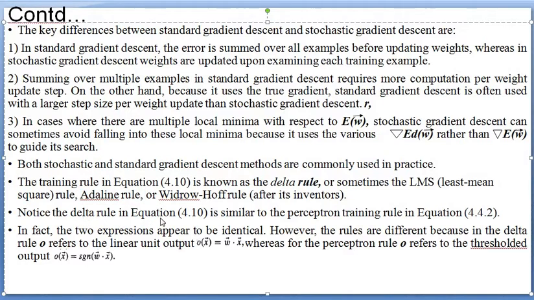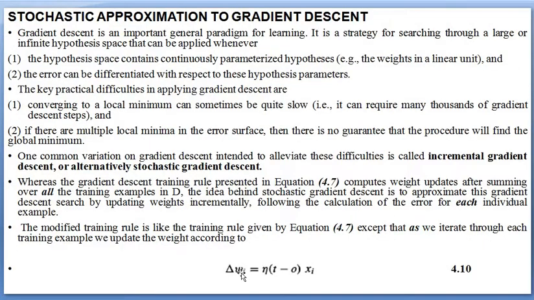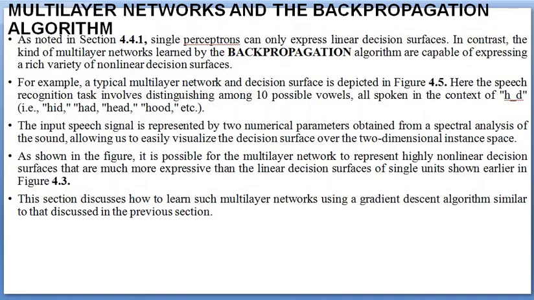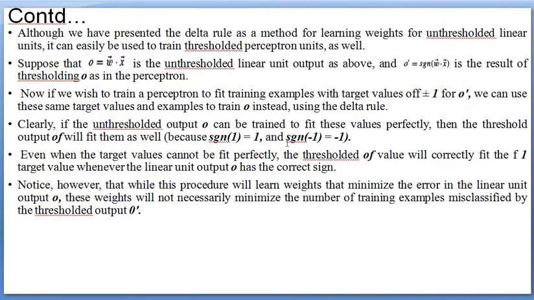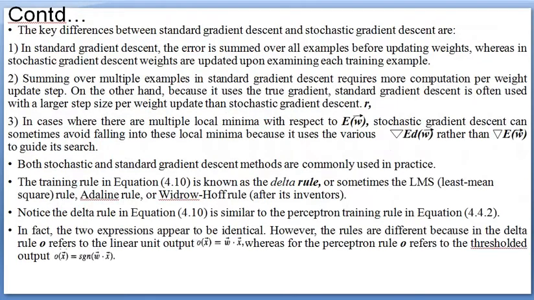Notice the delta rule in equation 4.10 is similar to the perceptron rule. You notice this delta rule is similar to the perceptron training rule, which I have already explained in the previous videos. Just go through it. Alright, so in fact the two expressions appear to be identical.